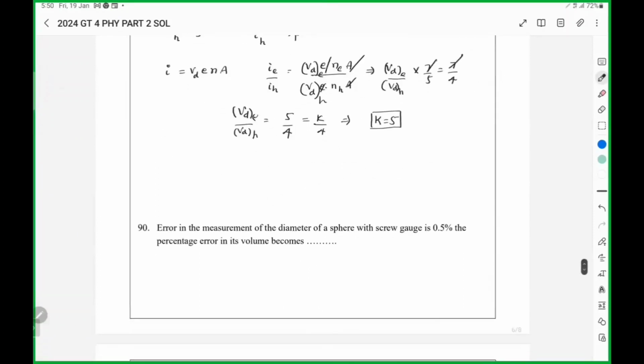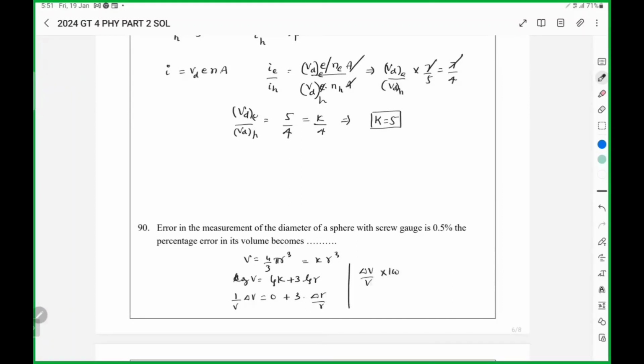So error in measurement of diameter of a sphere, volume is K R cube. log V is equal to log K plus 3 log R, 3 times delta V by V into percentage error.